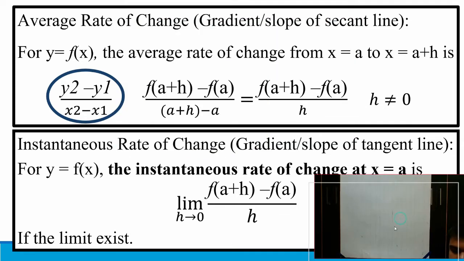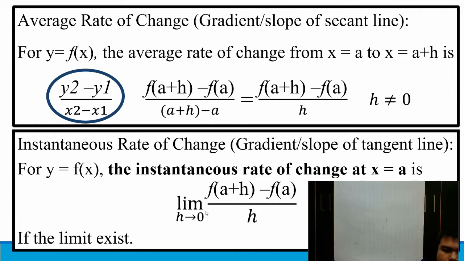Okay, why do we put the limit h approaching 0? For the average rate of change, we don't put the limit h approaching 0. The reason is that the average rate of change involves 2 points. The first point changes from a to a plus h, which means from point a to point a plus h.